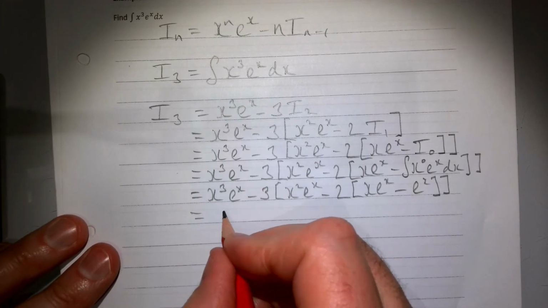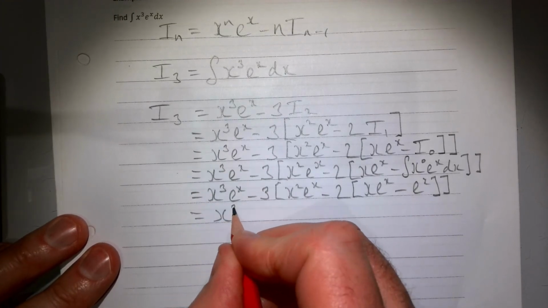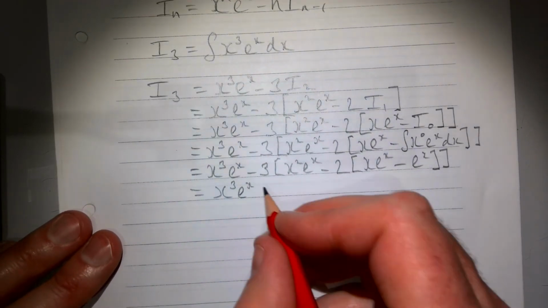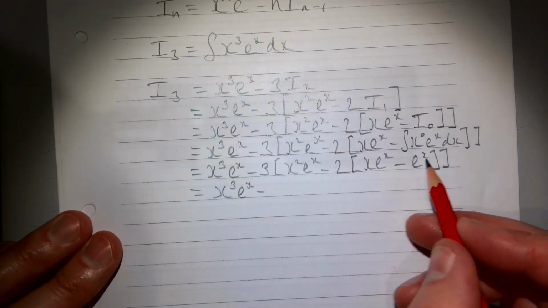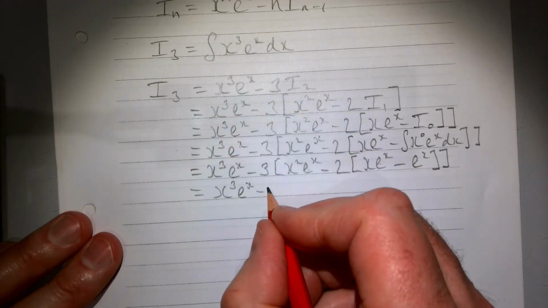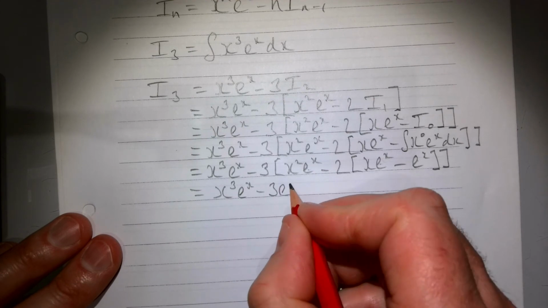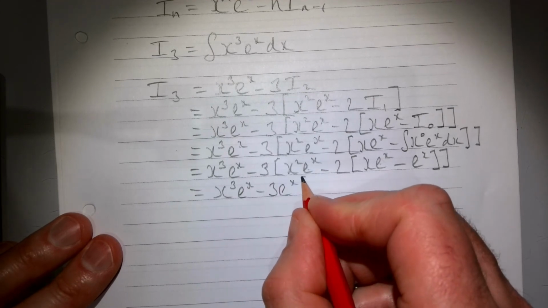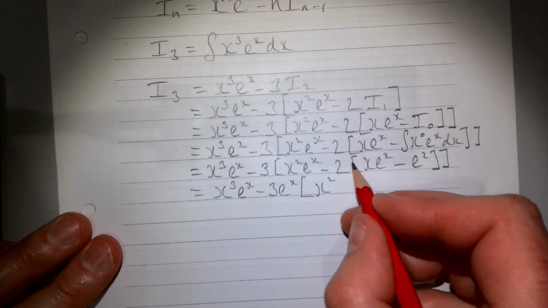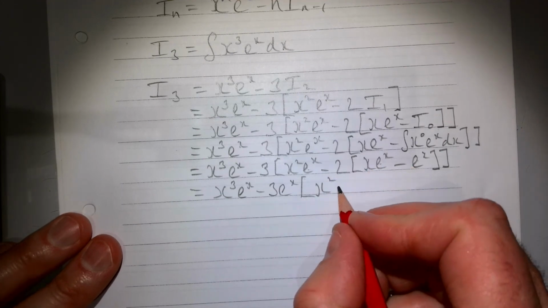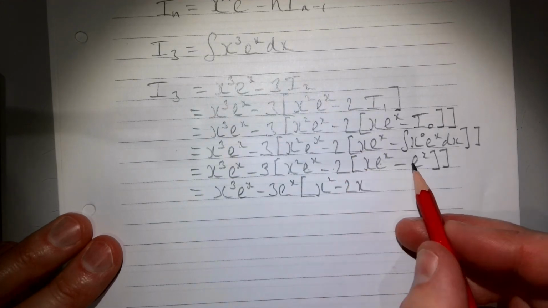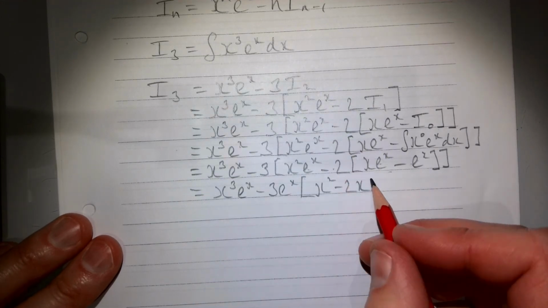That gives me x cubed e to the x. Now there's an e to the x in each of these terms, so we can take out an e to the x. Let's be careful here. There's an x squared there, that'll be minus 3x squared e to the x, then minus 2x times the bracket gives minus... and then that's minus 2 times a minus 1 effectively, so that's a plus 2.